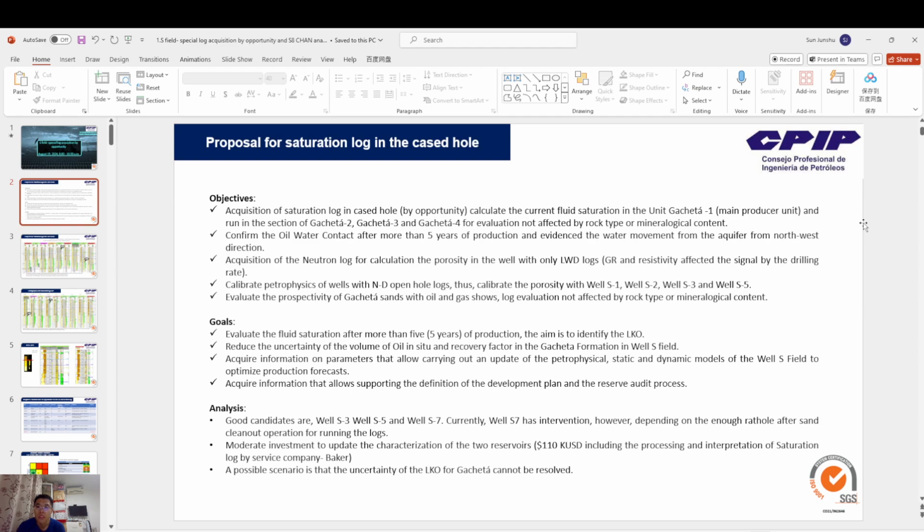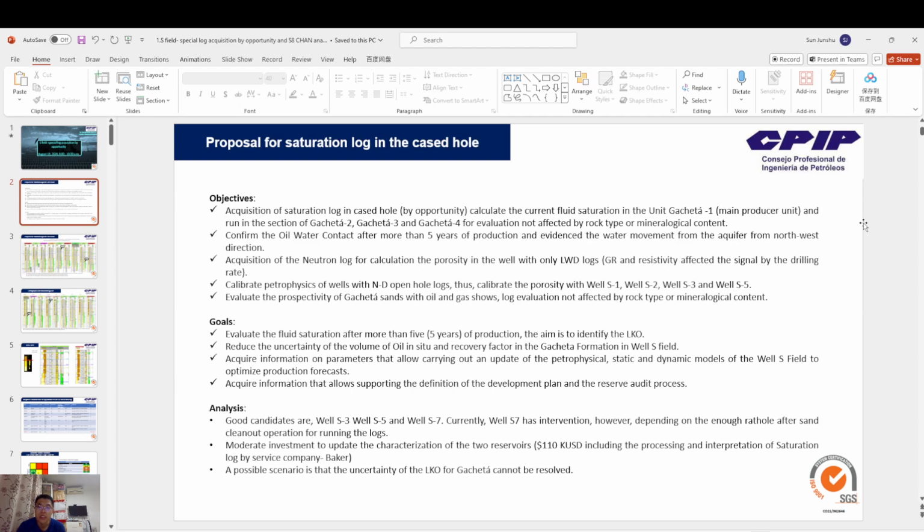To reduce the uncertainty of the volume of the oil in situ and the recovery factor in the Gajita formation in the field. 3.